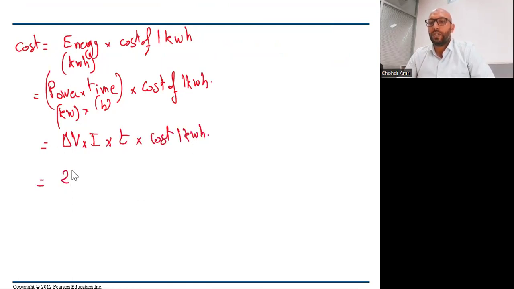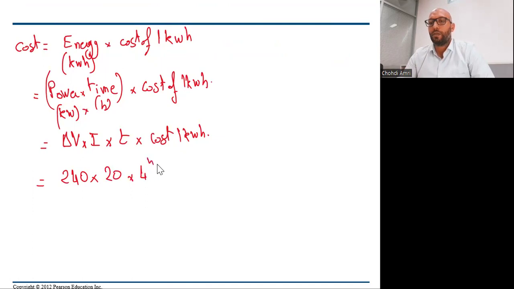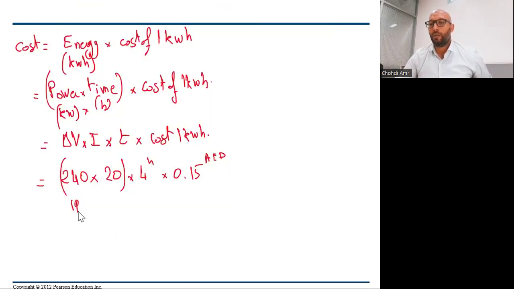So we get 240 multiplied by 20, multiplied by 4 hours, multiplied by 0.15 dirhams. 240 multiplied by 20 will be 4,800 watts; times 4 hours gives 19.2 times 10 to the power 3 watt hours, so it will be 19.2 kilowatt hour.